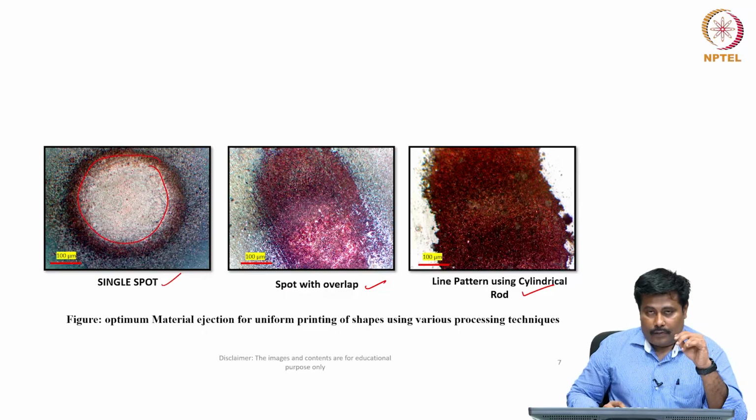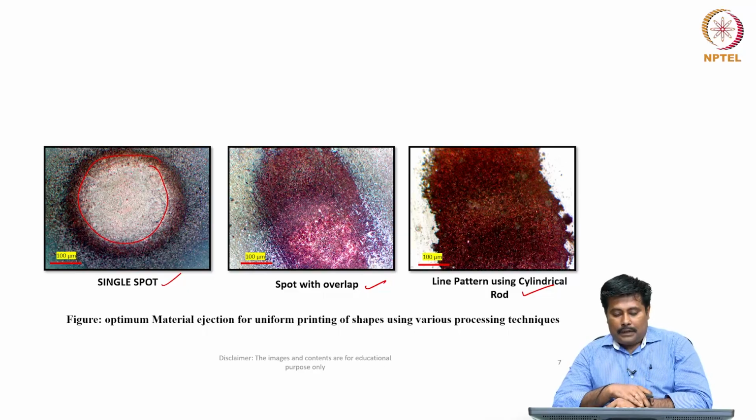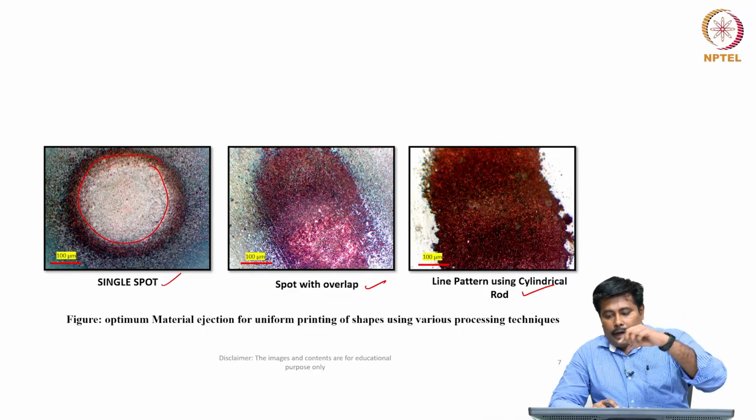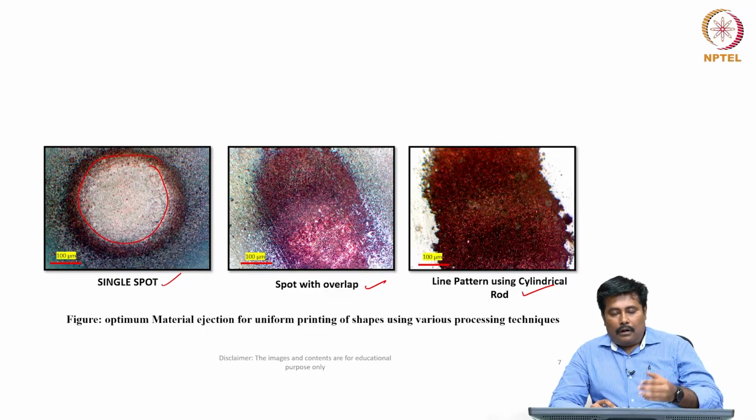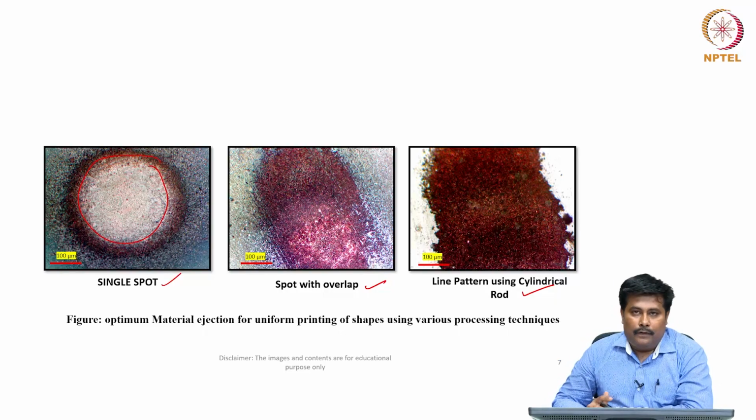When these spots are overlapped appropriately, you get a line pattern. When we use a cylindrical rod, we convert the spot into a line to get a uniform pattern.